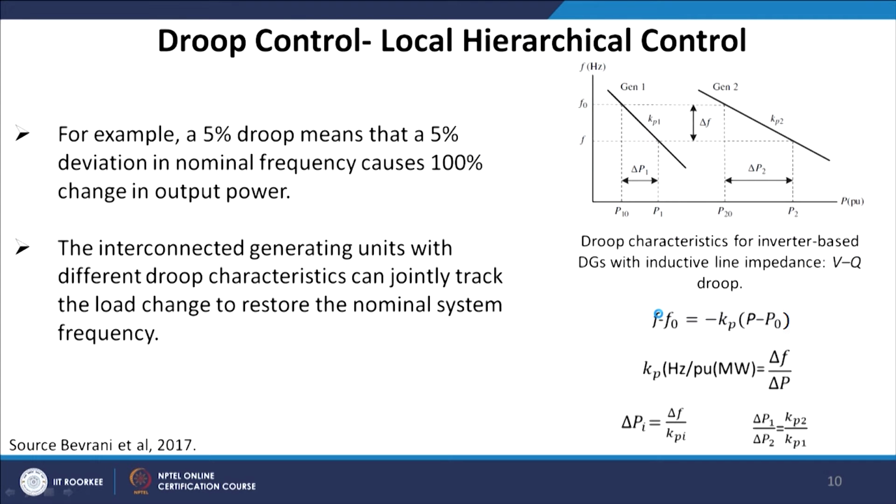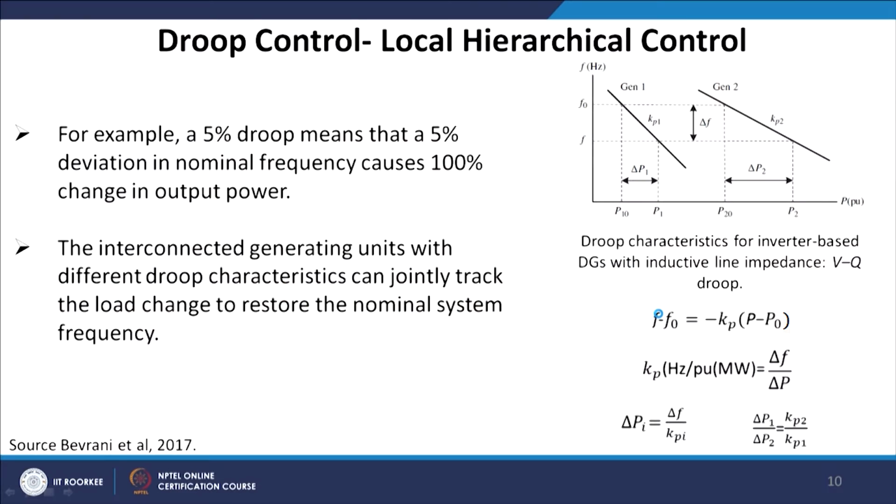Now, let us try to understand the concept of Droop control. For example, 5% droop means that a 5% deviation in normal frequency causes a 100% change in my output power. The interconnected generating units with different droop characteristics can jointly track the load change to restore the nominal system frequency.